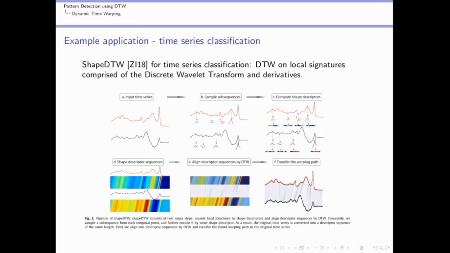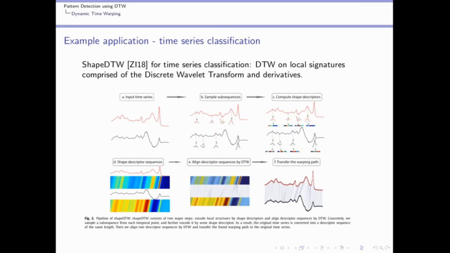For each time step we have a window of samples corresponding to neighboring samples of the sample we're looking at. On that window, we compute a collection of shape descriptors. You can think of discrete wavelet transforms, Fourier decompositions, derivatives. Then instead of comparing the amplitudes of the time series as we would do in standard dynamic time warping, in shape dynamic time warping, we compare the descriptors of those sequences.